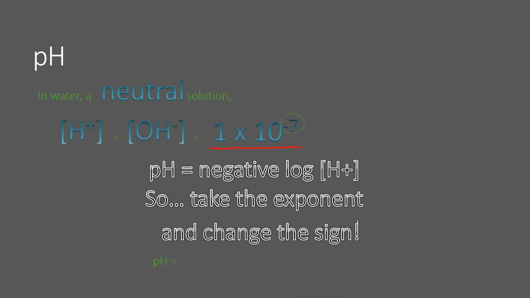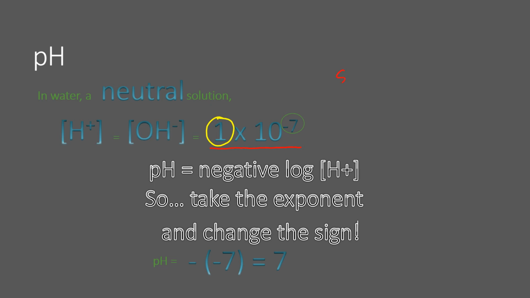We have the pH equal to 7. This is called the shortcut method. You simply look at the exponent, make it positive, and that's the value of your pH. But it is on the condition that in your scientific notation, the coefficient must be equal to 1.